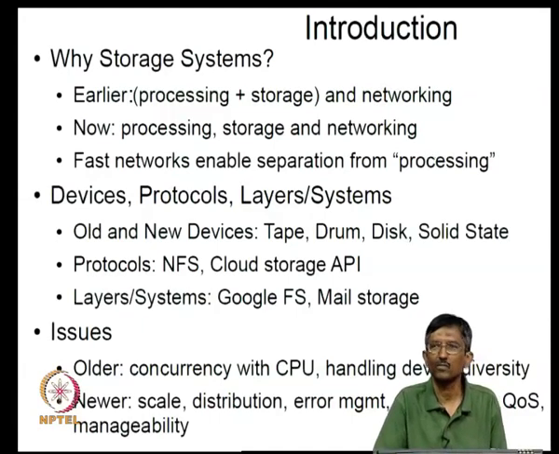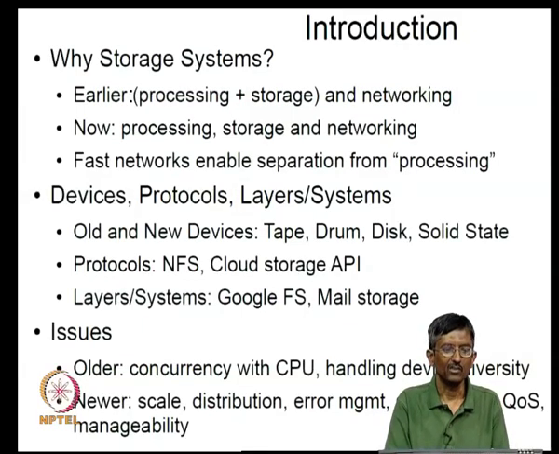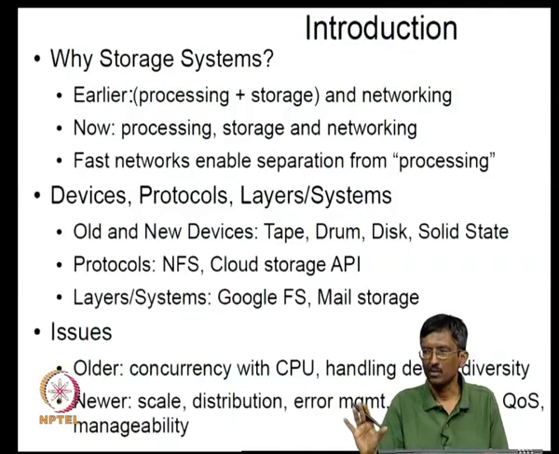If you separate them out, then the accessing party and the access party, that is the client and the server, have to understand how to make sense of each other. One is requesting, one is responding. That means there has to be some kind of protocol in place. In addition to protocols, you also need a certain way of managing the combined system, because there is a client here, a server here, and a network in between.